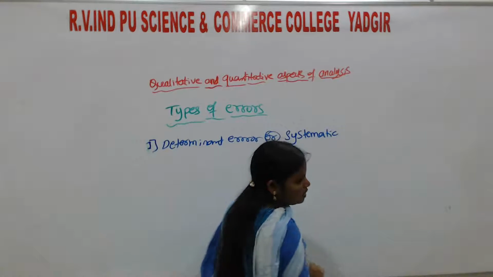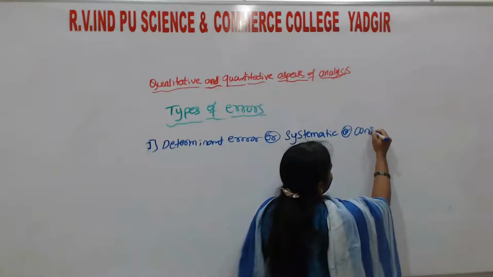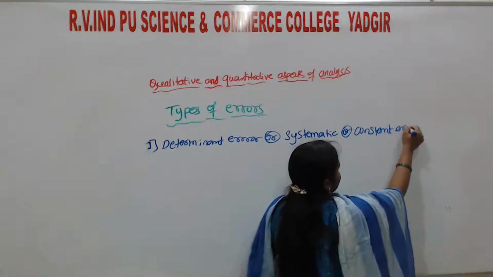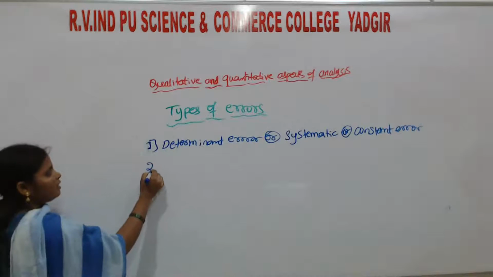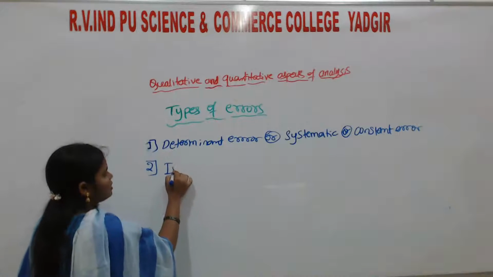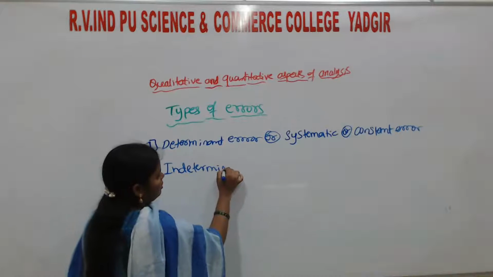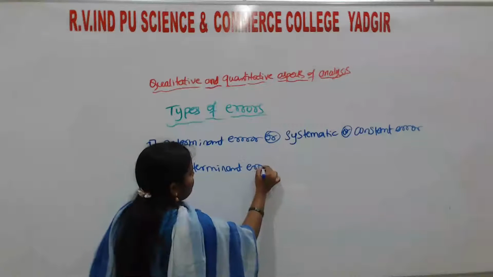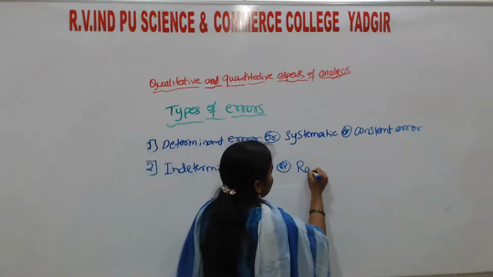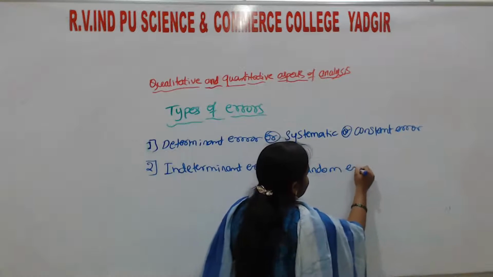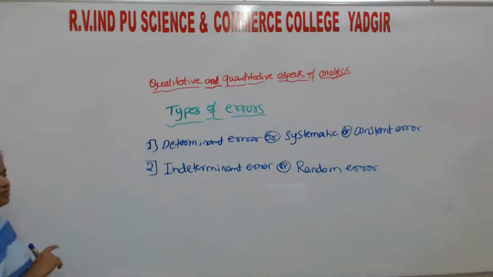Second one, indeterminate error, also known as random error.